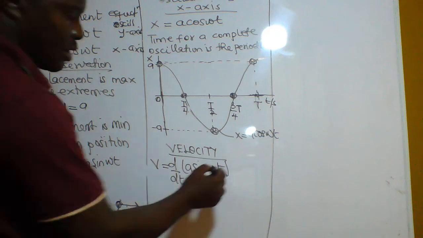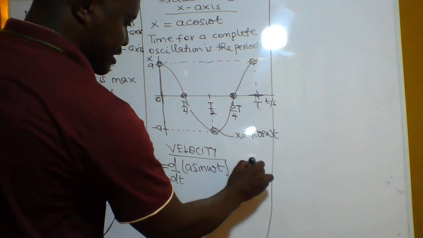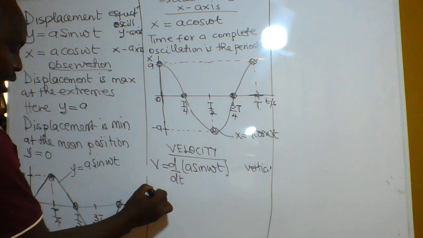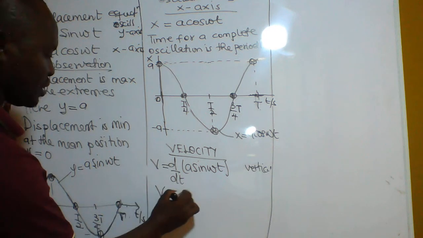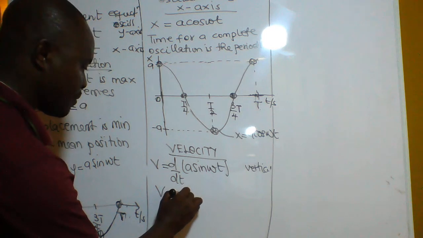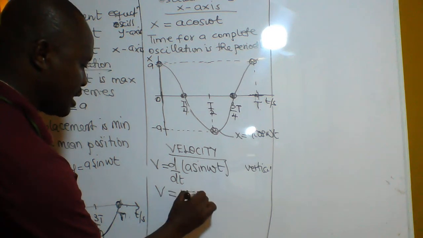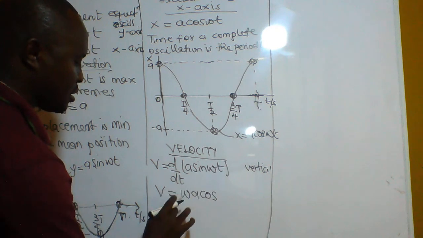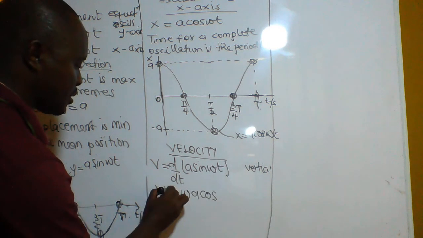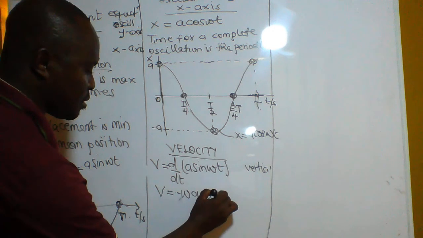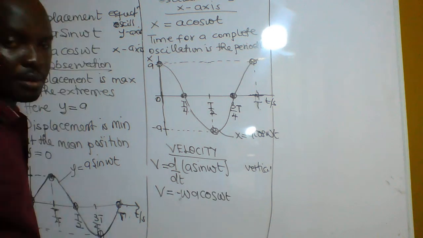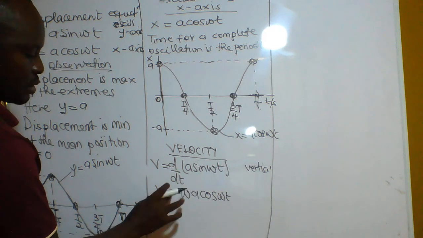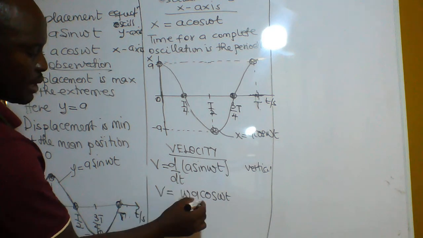And this is along the vertical axis. So we had the velocity function to be equal to omega A cos omega t.